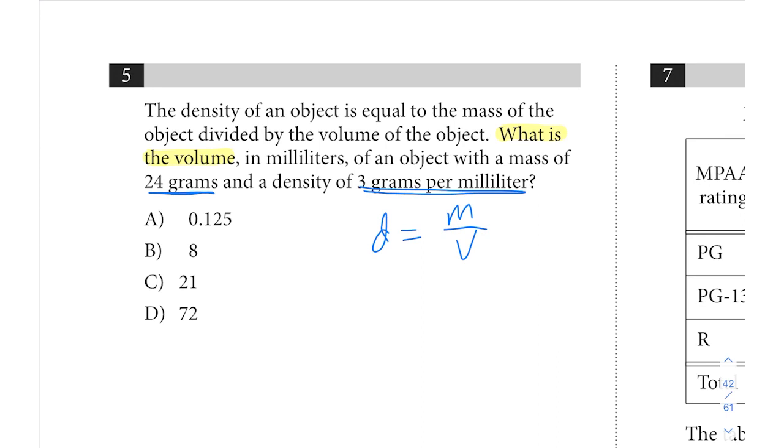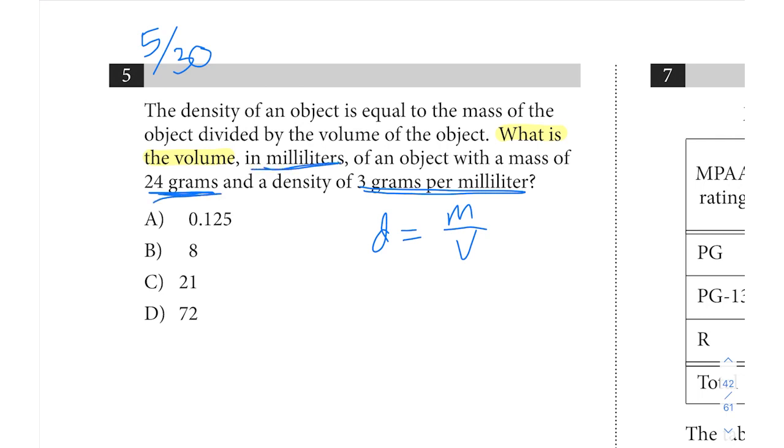Now, a lot of times, especially on more difficult questions, we have to be really careful about the units, but here we can operate off benefit of the doubt by looking at the fact that we're on question 5 out of 30 multiple choice questions. So difficulty-wise, we're still in the very early parts of this section, which means that they probably won't give us too many tricks with the units.